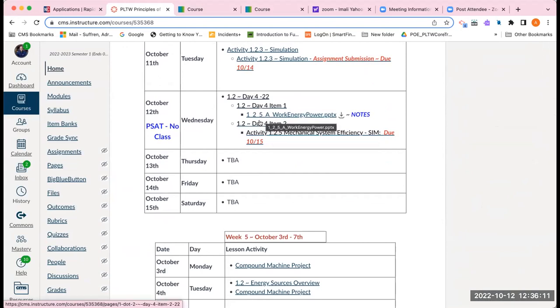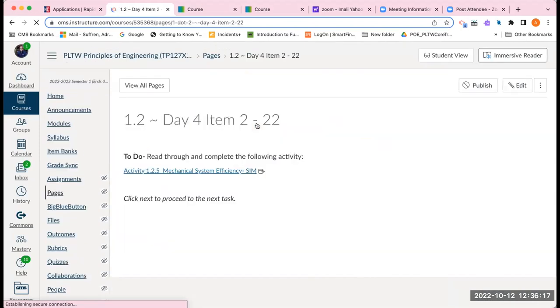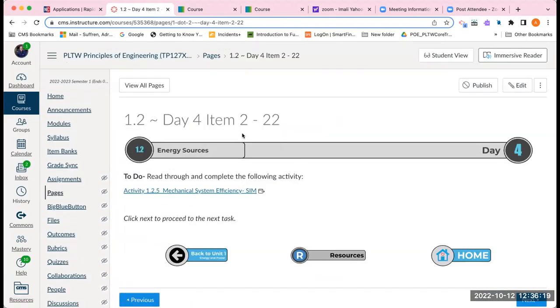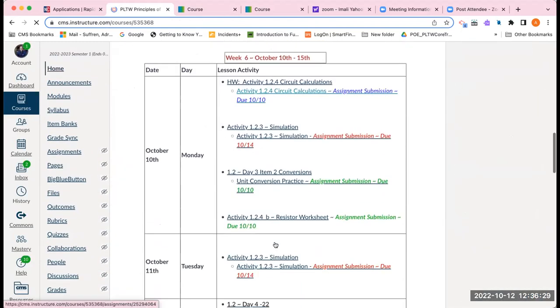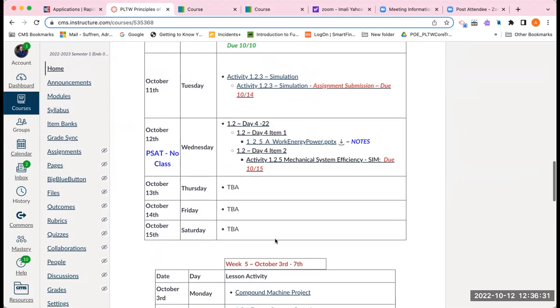To access the simulation, you're going to click on day 4, item 2. When you click on item 2, here's the link. After this video, I believe I'm going to put that link to access the PLTW activity right under here. And the last bullet will be the activity in which you need to turn in.